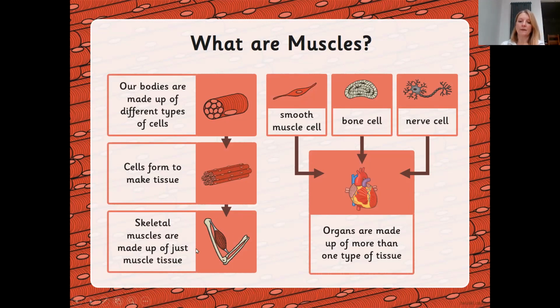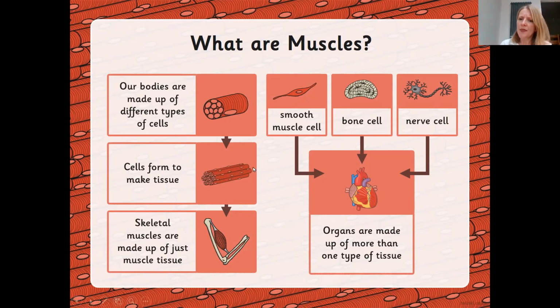And then here you've got a little diagram of your upper and lower arm and the muscle in between. Muscles that join to the skeleton are called skeletal muscles, and they are just made up of muscle tissue. So that's showing you this here. This is your humerus, your upper arm bone, and then your two lower arm bones there, and that muscle in between.